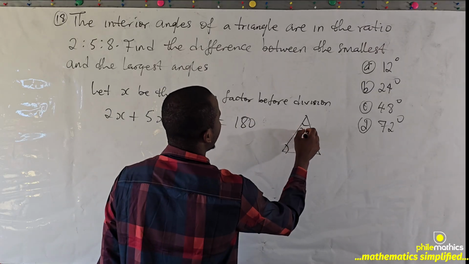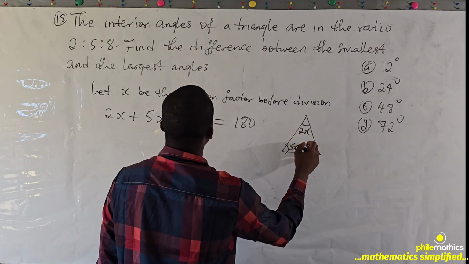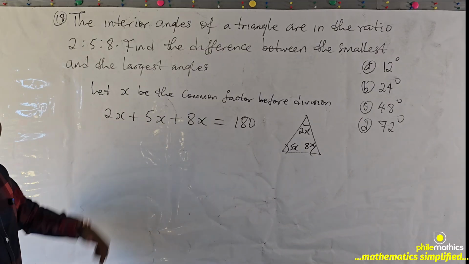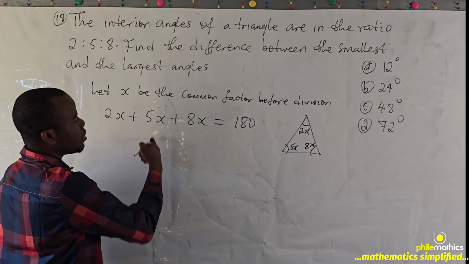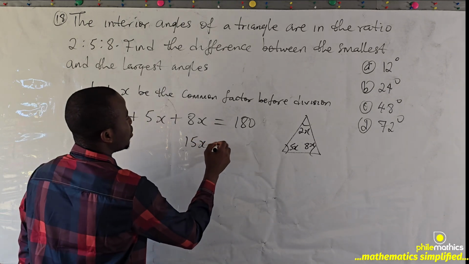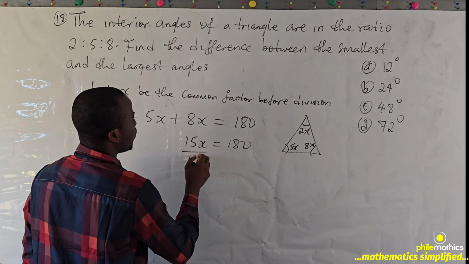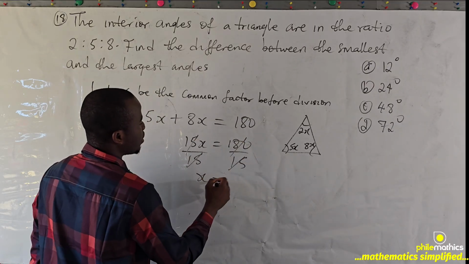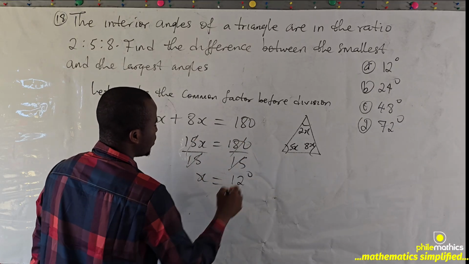So this is 2x, 5x, and 8x. 2x plus 5x is 7x plus 8x is 15x equals 180, divided by 15, and we find that x is 12 degrees.